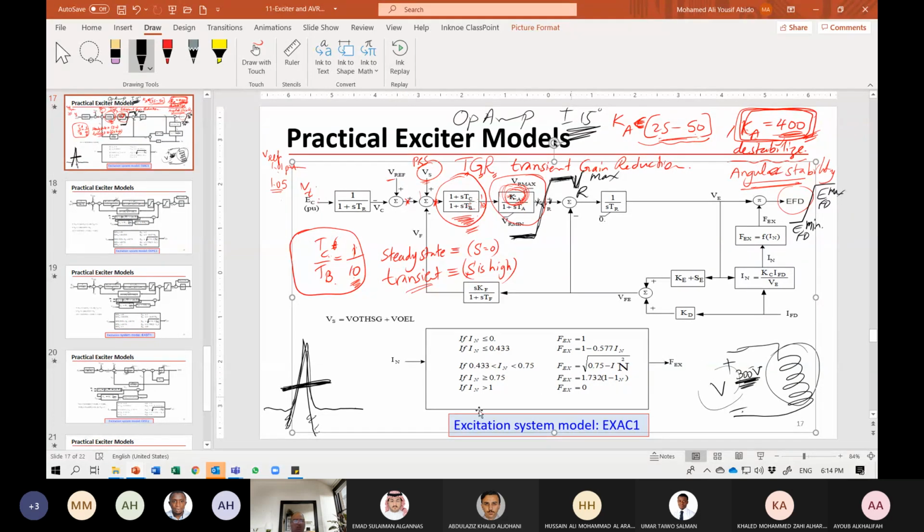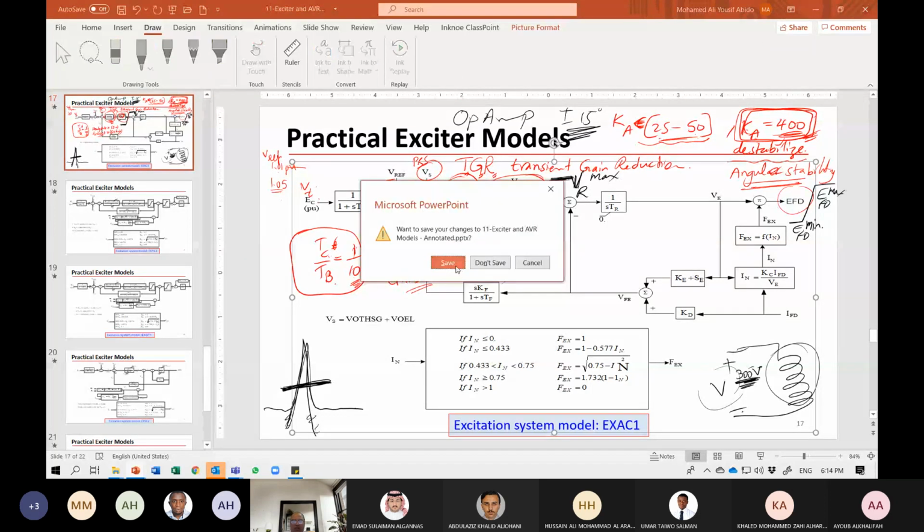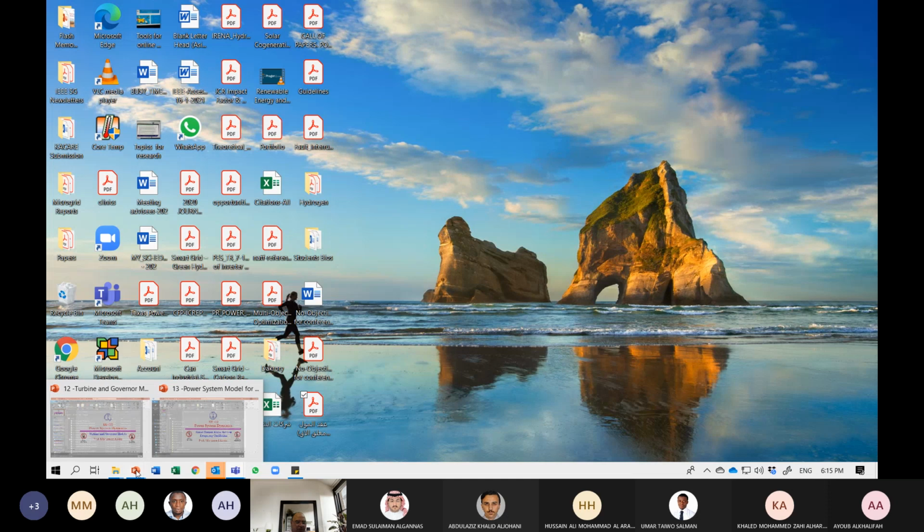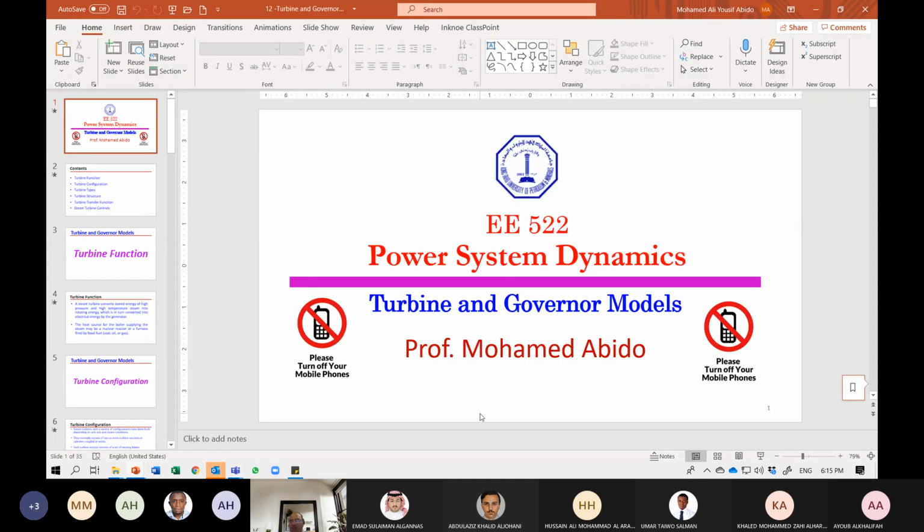Okay. So any other question? Okay, so let us close this. At the end of this, Shabab, we have a third order model of the machine and a first order model of the exciter.